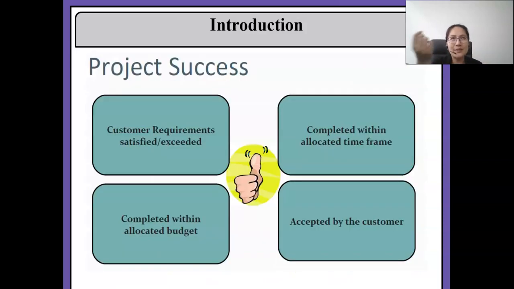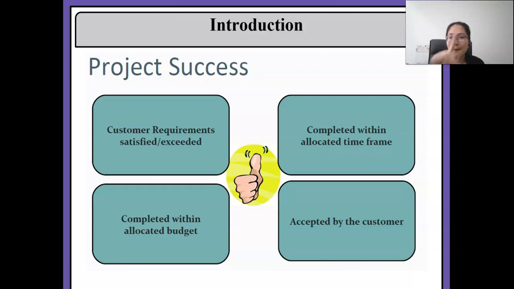Then what is project success? What kind of project can be considered a success? That means your customer is satisfied. Complete within the record time, that means you need to complete it before the due date.